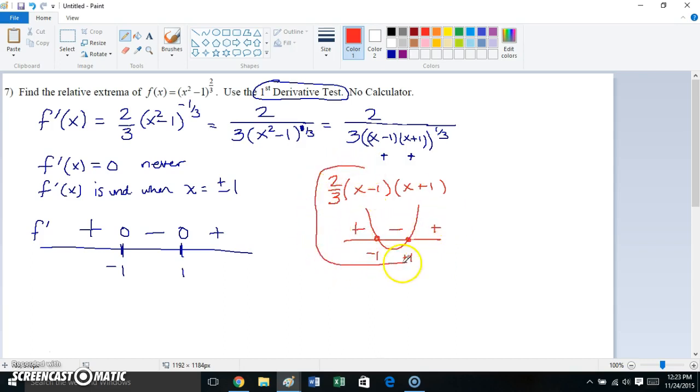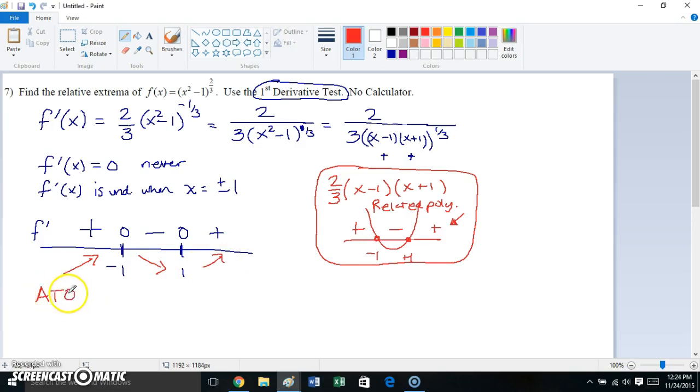So this is not the graph of my function, nor is it the graph of my derivative, but it is a related polynomial, which quickly tells me the positiveness or negativeness of my derivative. Okay? All right, so I know my function is increasing, then decreasing, then increasing.